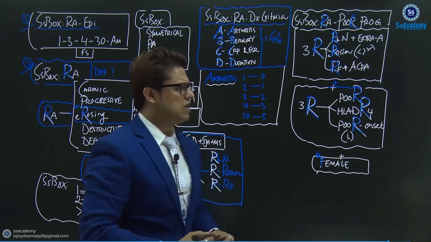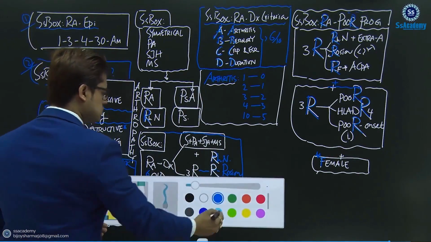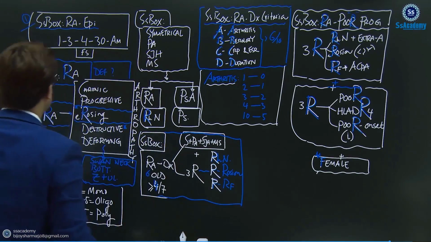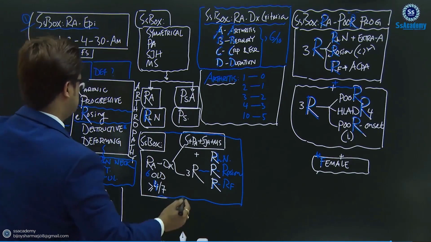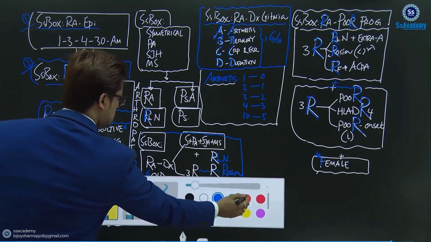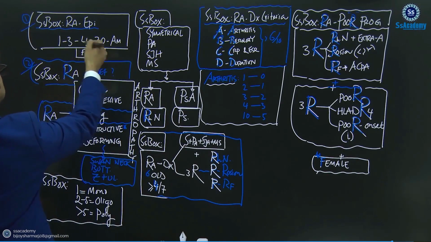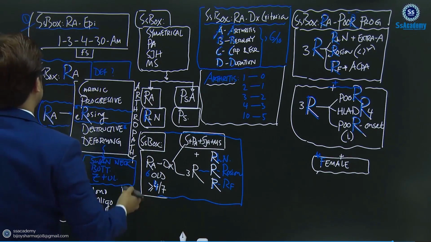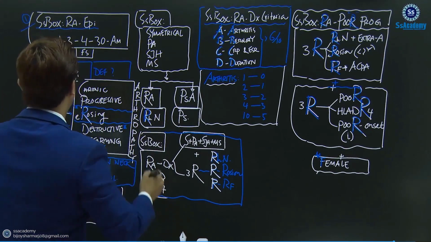So yes, my dear doctor, I already discussed so many things together. So I'd like to summarize now the important points that I added here. So rheumatoid arthritis epidemiology, the summary is really important. The single word that you can remember is 1, 3, 4, 30 Americans, 4 for Felty syndrome. So you should remember that.